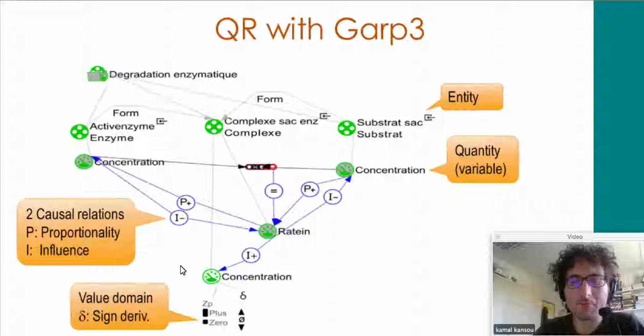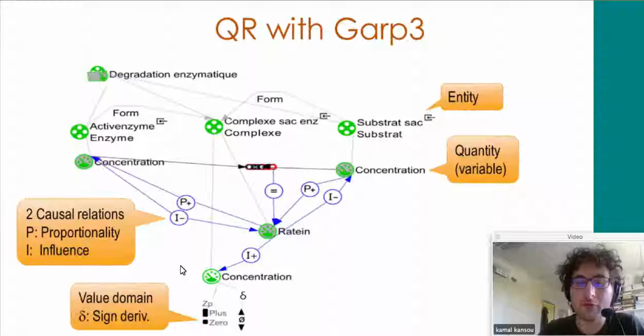Finally, quantities of this model represent the variables of the model. They are linked together with what we call causal relations. There are two types of causal relation: proportionality, which represents the indirect influence dependence between two quantities, and the influence, which represents the direct influence between two quantities. I will come back to this in the next slide, and I will explain this a little bit more.